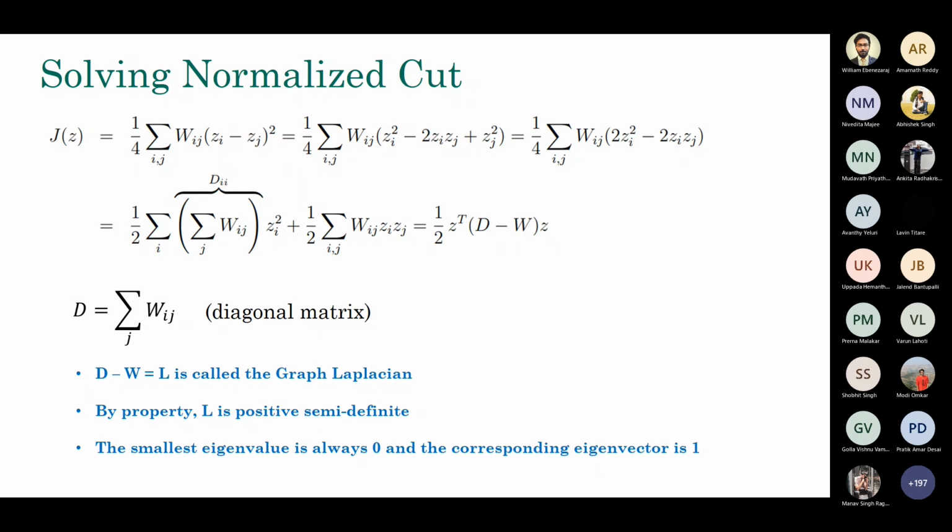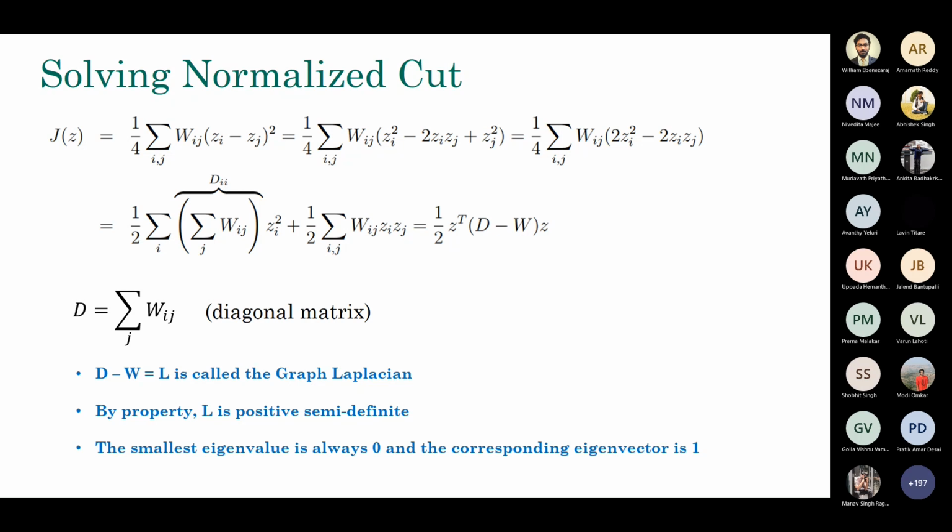Now incidentally, the D turns out to be a diagonal matrix, just the diagonal matrix involving the degrees of these nodes. In this particular approach, they gave this a very nice name. The matrix L, which is nothing but D minus W, the diagonal matrix minus the weight matrix, is called the Laplacian matrix or the graph Laplacian.